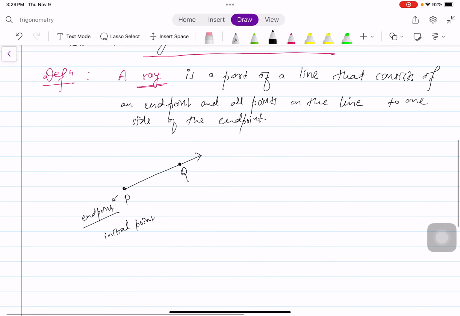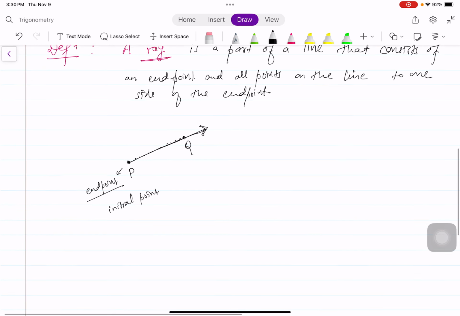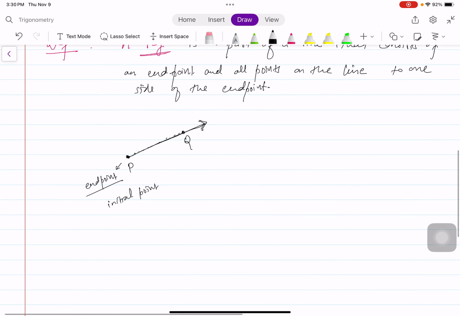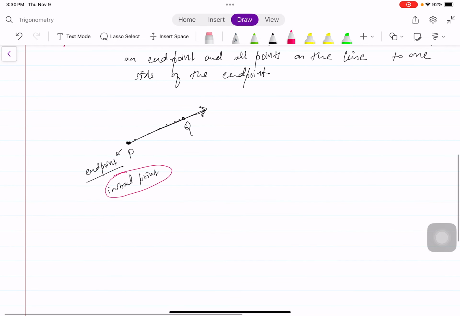If we look back to the definition, it is a part of a line. So this PQ is a part of this whole line that consists of an endpoint and all the points along this line to one side of the endpoint. I like to refer to it as an initial point. So this is ray PQ.